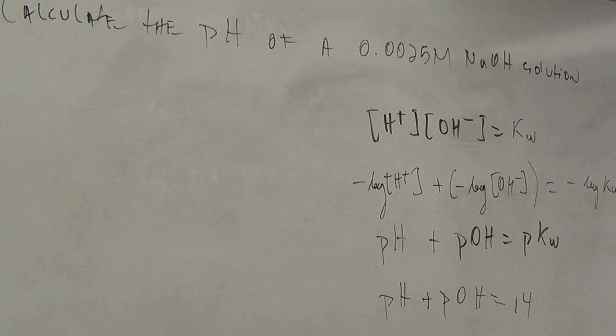You can find whatever you want. You can do pOH, and then you're going to change it to pH though. You get 2.60.